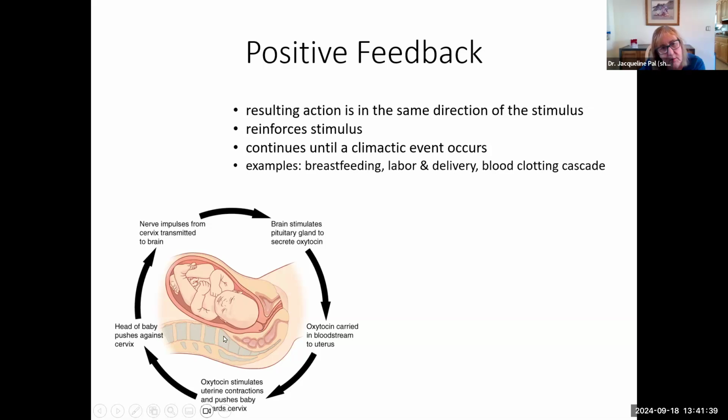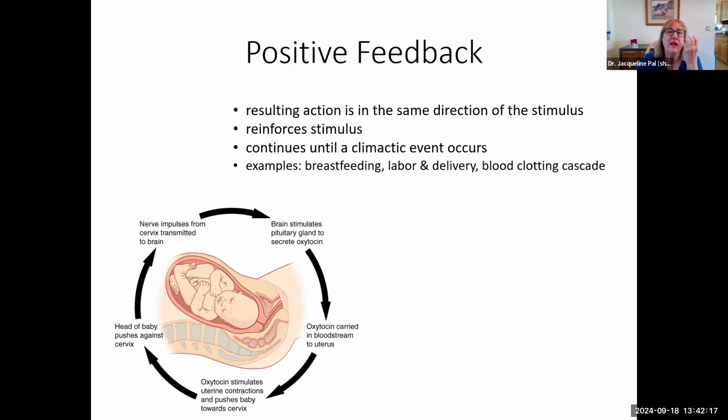And when the baby's head pushes against the cervix, more impulses go up there, more oxytocin, and more contractions. So the contractions get closer and closer and stronger, and that continues all through labor until the point of delivery. After the baby is born, there's usually 1 or 2 more contractions. That's enough to get the placenta out, after which there's no more contractions because there's nothing left pushing on the cervix.